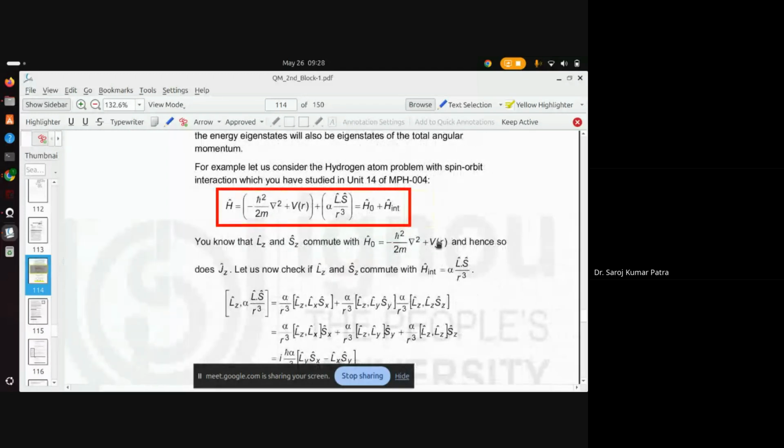Now, Lz and Sz commute with H0, which is the original Hamiltonian without any interaction energy. And so does Jz. So what is Lz? Lz is the z component of orbital angular momentum. Sz is the z component of the spin angular momentum. And Jz is the z component of the total angular momentum.